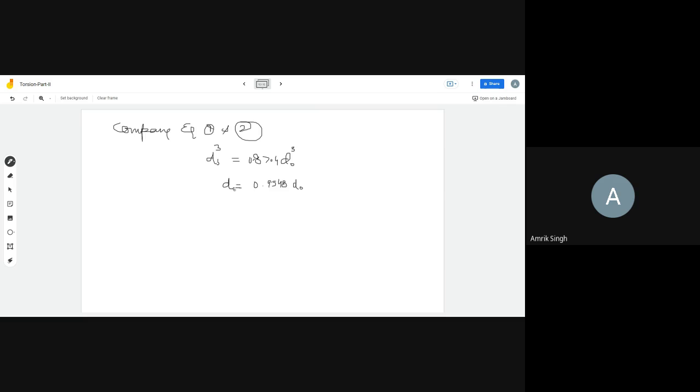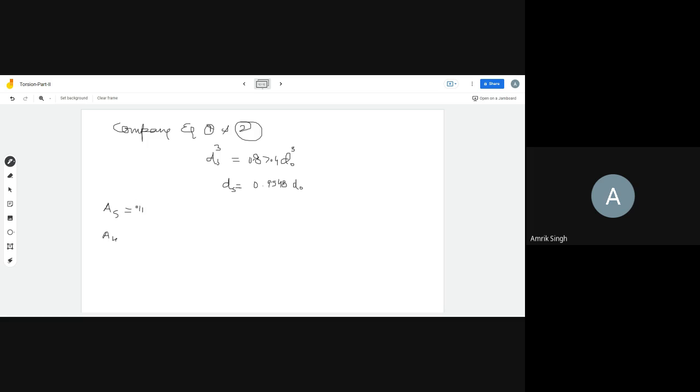So this is D solid. Okay. So if we have to compare the area now, you know the area of the solid shaft, you know the area of the hollow shaft. So that you can compare.